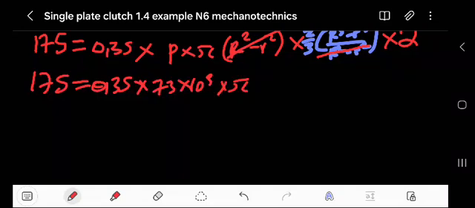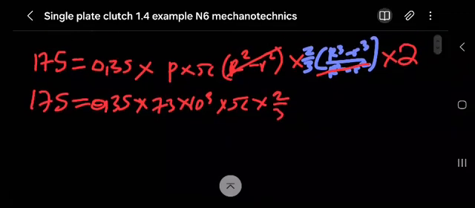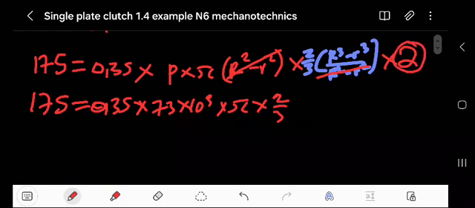Then this would be multiplied by 2 over 3. Then I take also this 2 there, I'll multiply this by the 2 again. Then I'll be left with that on the top there, which is R cubed minus r cubed.